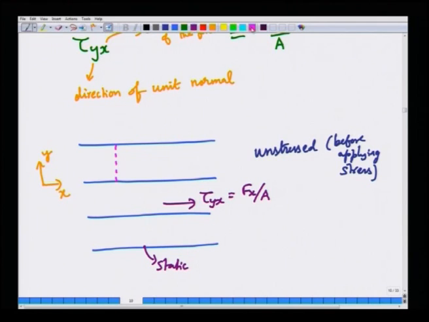Okay. So, if I were to draw, suppose before in the unstressed state all these points were like this, upon application of shear stresses in the x direction, you may get a deformation like this. That is, a point which was here would be now here, a point which was here would be now here, and so on.